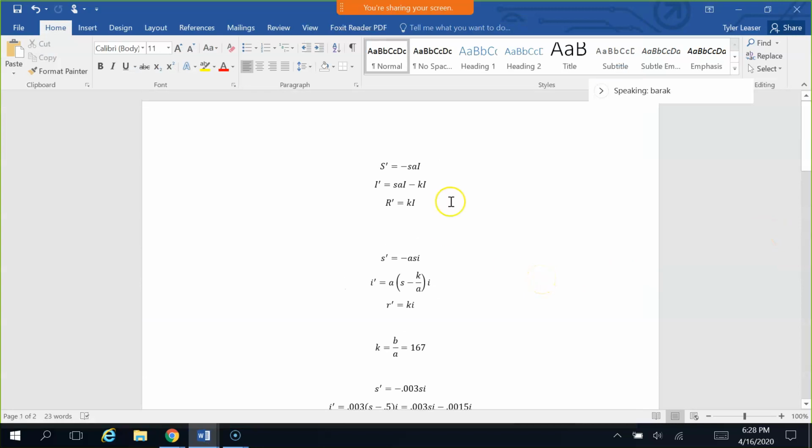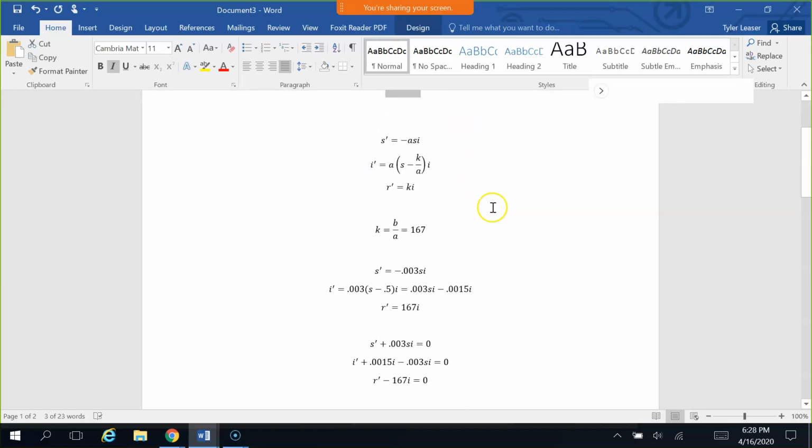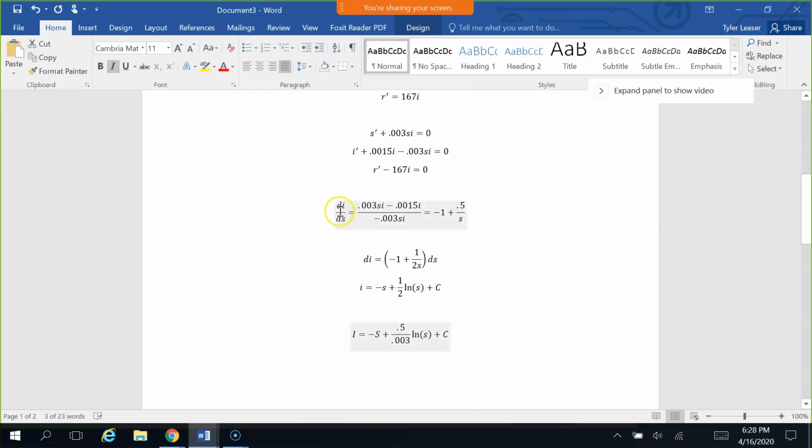All right, I'm going to talk through it again. So our three equations for SIR. If we are graphing the I with respect to S, what we can do is look at the ratio of the differentials dI, dS, and just think of this as I prime divided by S prime.